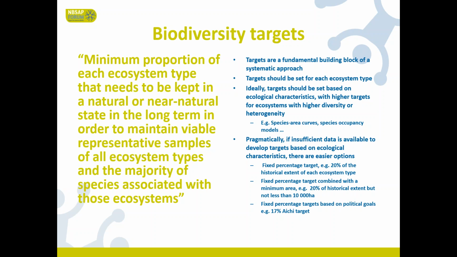This is one that lines up very well with the current IUCN red listing process for ecosystems. Alternatively, you could use a fixed percentage with a minimum, so you might say 20%, but never less than 10,000 hectares, or you might set your targets based on something political, like say the 17% target for terrestrial systems.